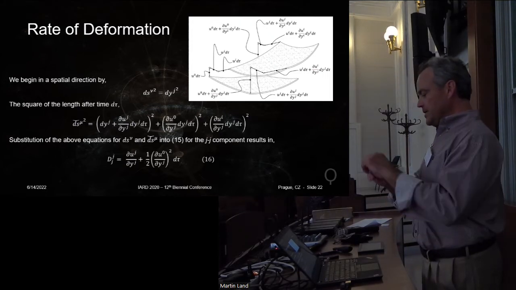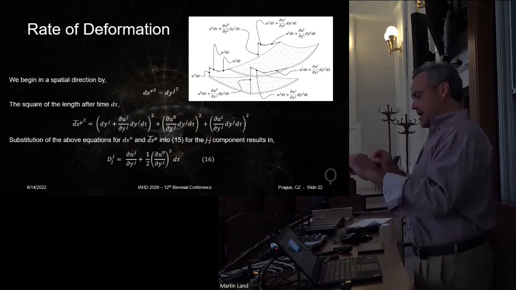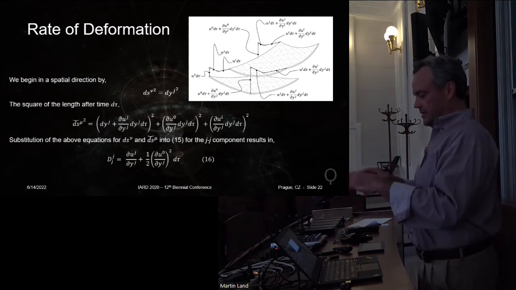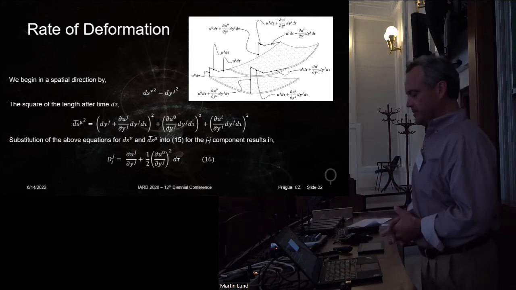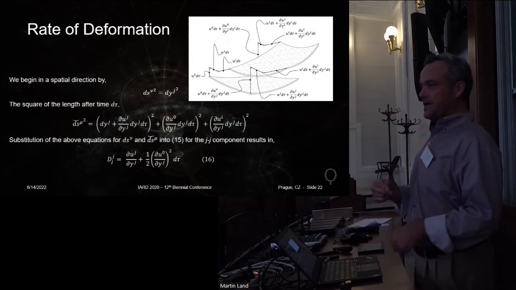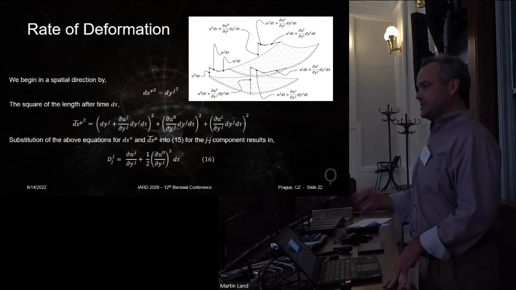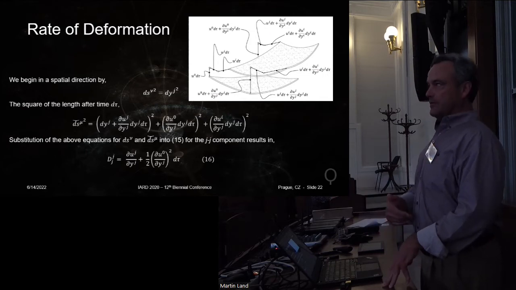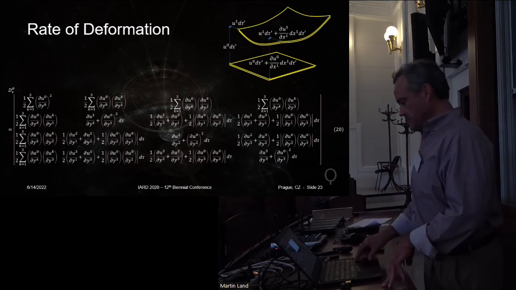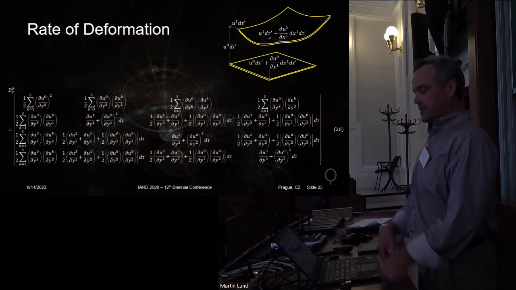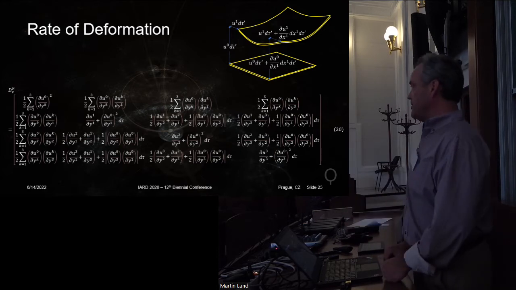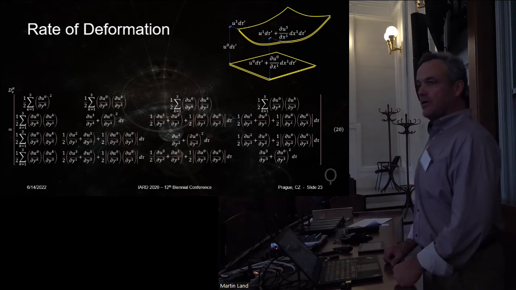And that little element stretches a little bit, so you've got to add a little bit, dy, du, dy, and so on and so forth. And anyway, it all collapses and reduces down to equation 16, which is my jj component. And you have to do this laborious repetition 4 times 4, 16 times, to come up with the rate of deformation tensor in every direction, including time. So now we've written all the continuum mechanics of a 4-dimensional Hilbert space.